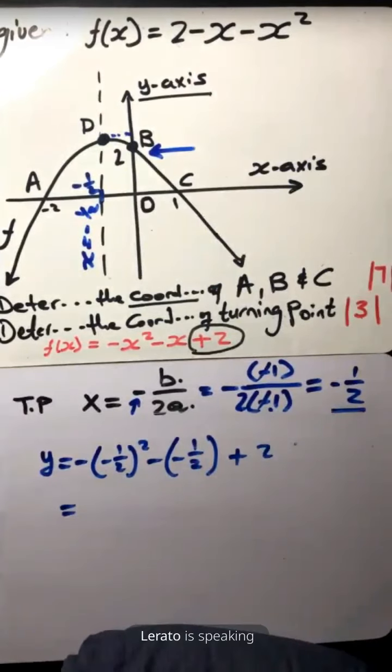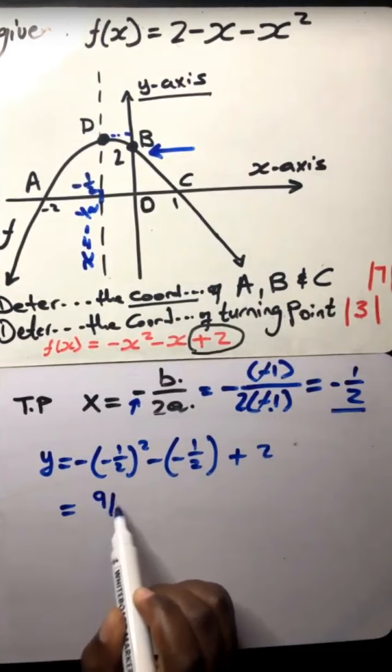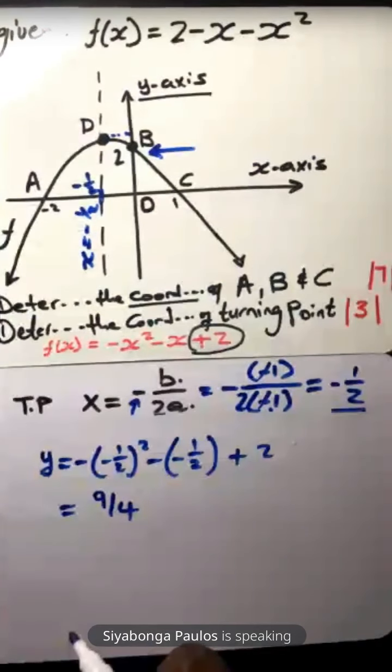It's +9/4. Someone is getting +9/4. And other guys, what are you getting? Positive +9/4. 100%.